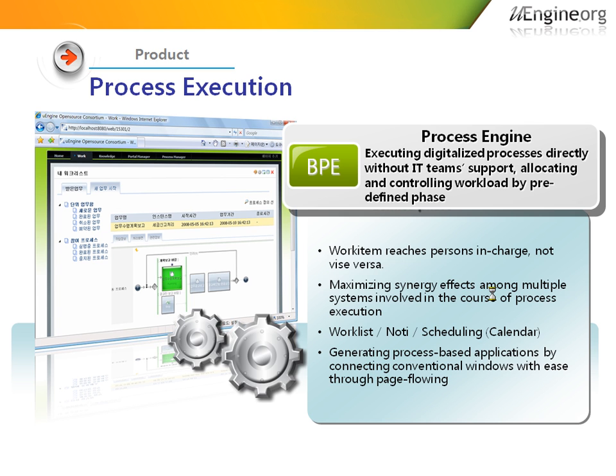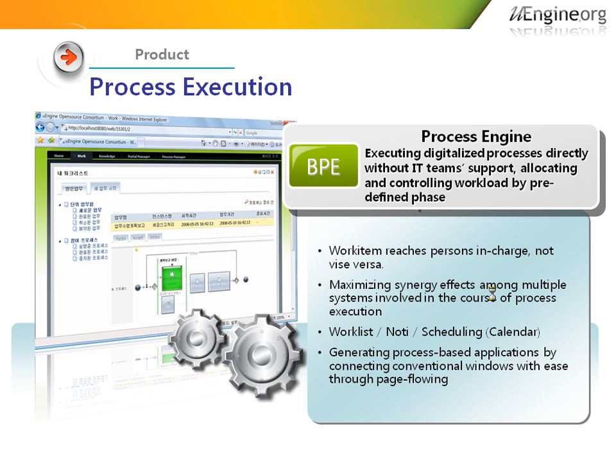Next is process execution. Once you model the process, we must execute the pre-modeled process by executing digitalized processes directly without IT team support, allocating and controlling workload by predefined phase. Let's say the work item reaches the persons in charge, not vice versa.